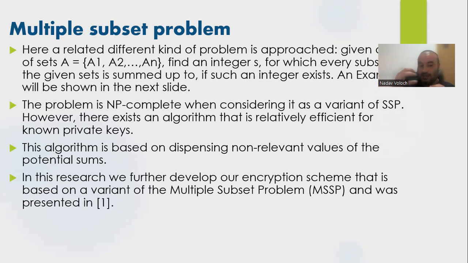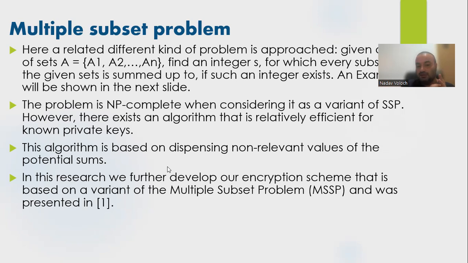We're taking here a set of sets, meaning a two-dimensional set that is composed of several sets, and instead of taking a known sum, a known number, we want to try and find in those sets if such a number exists. Meaning, if we can devise a certain sum, it will be the same sum for all of these sets. We can achieve it. We'll see a relatively simple example in the next slide.